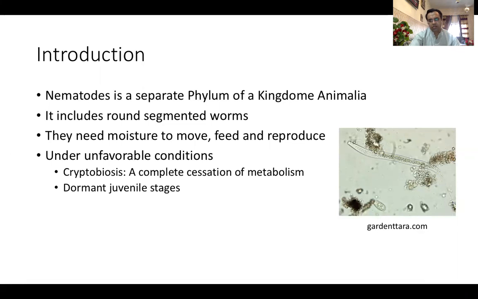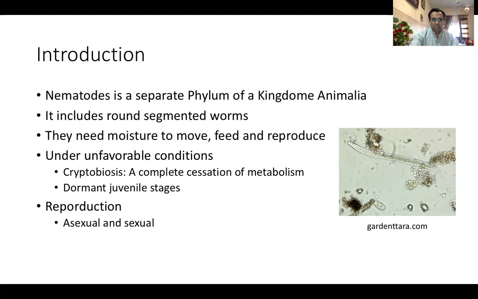Under unfavorable conditions, nematodes produce inactive or dormant stages. Either it's a complete cessation of metabolism, that is known as cryptobiosis, or some dormant juvenile stages are produced.